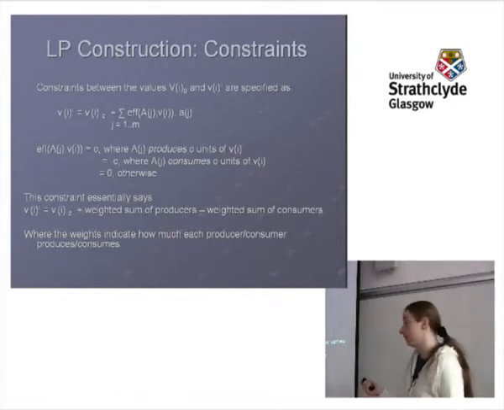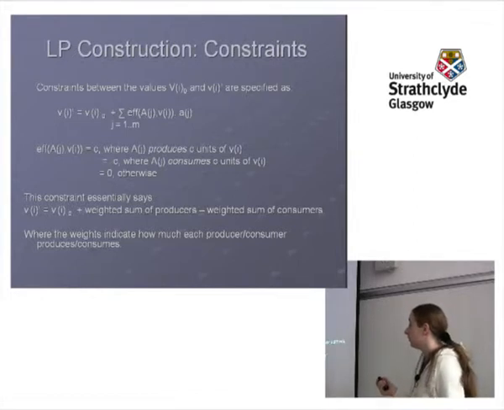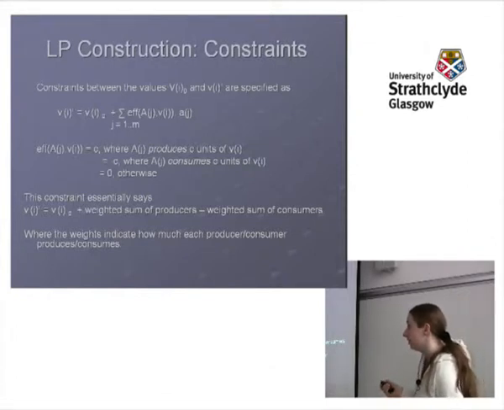The constraints in our LP. So constraints between the initial value of a variable and the value of that variable at our layer: the value at our layer is its initial value plus this function here.